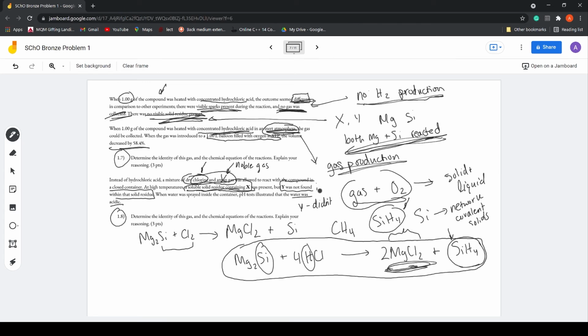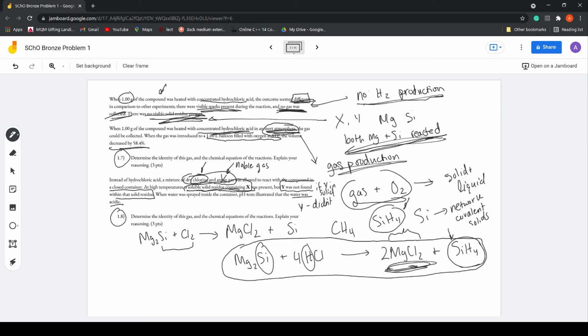Remember when we did our acid reaction at the very beginning, our Y didn't react, and that's why it was in the solid residue. Because Y was not found within that solid residue, we know Y must have reacted with the chlorine, because that's the only thing there is to react with. Silicon must have reacted with the chlorine.